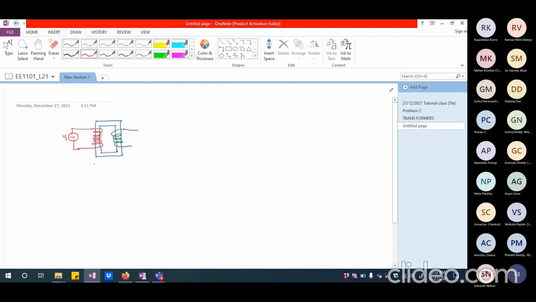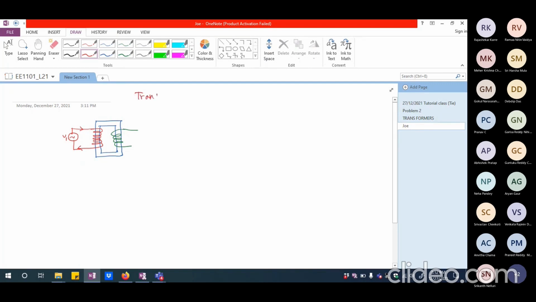So when it is applied with the voltage of V1, I'm going to have a small current flowing. The current may not be very high because to establish the flux in a ferromagnetic material which is having low reluctance.